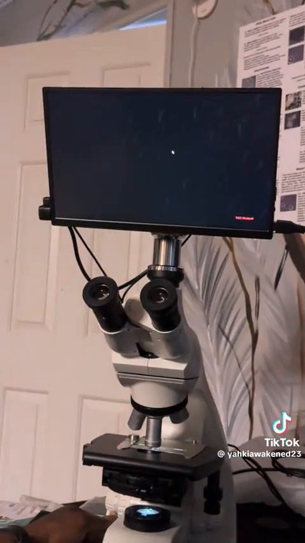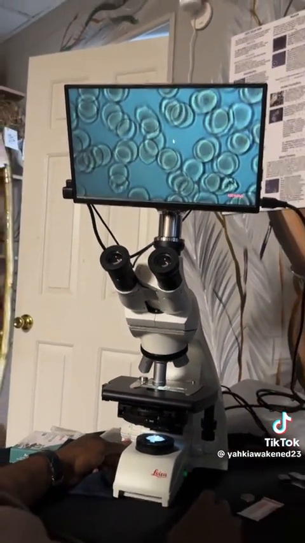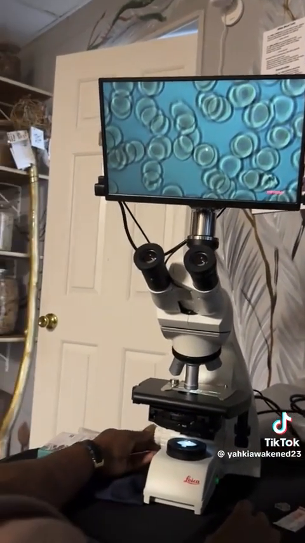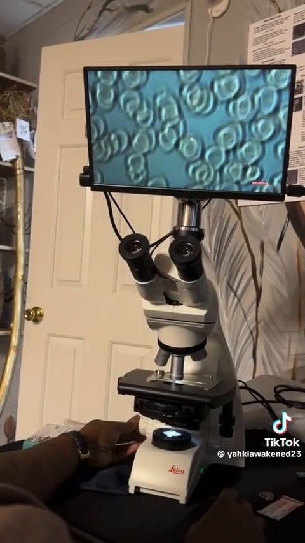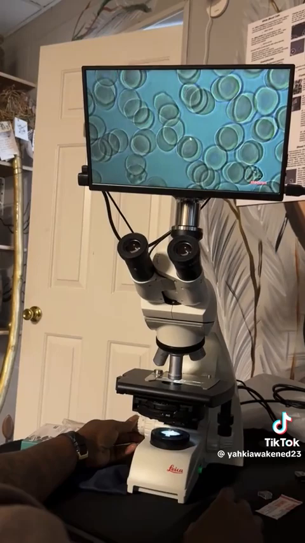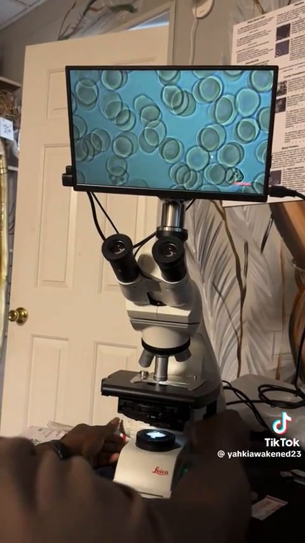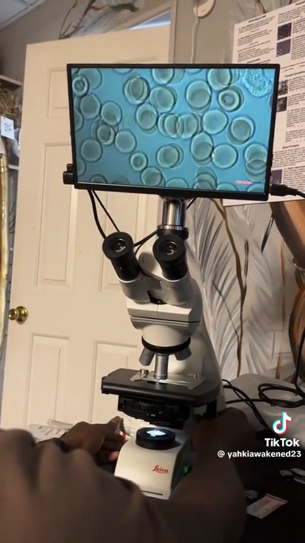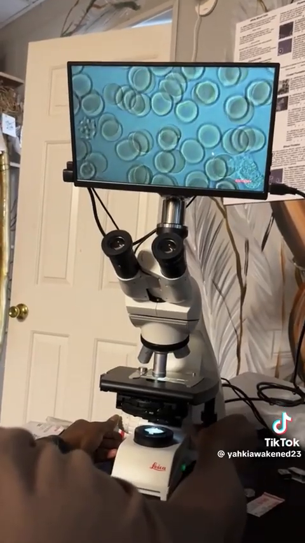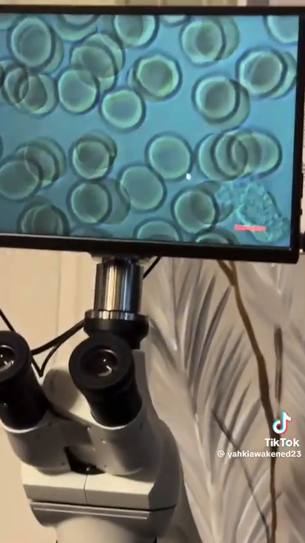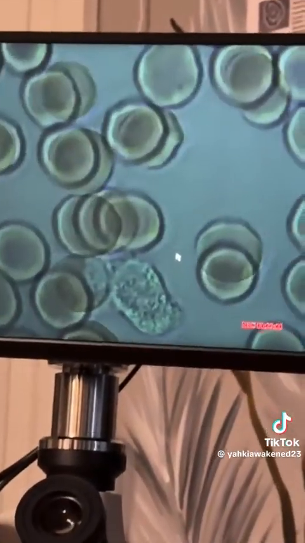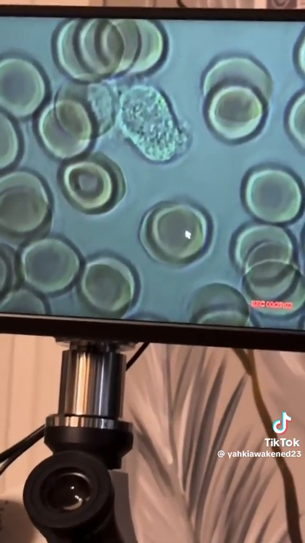Let's go all the way to Darkfield. Wow, here goes a beautiful, beautiful basophil, y'all. So this is what you'll call a basophil, and a basophil is part of the leukocytes.